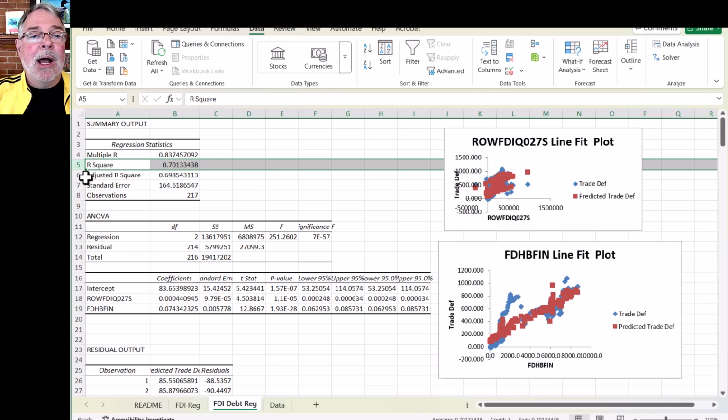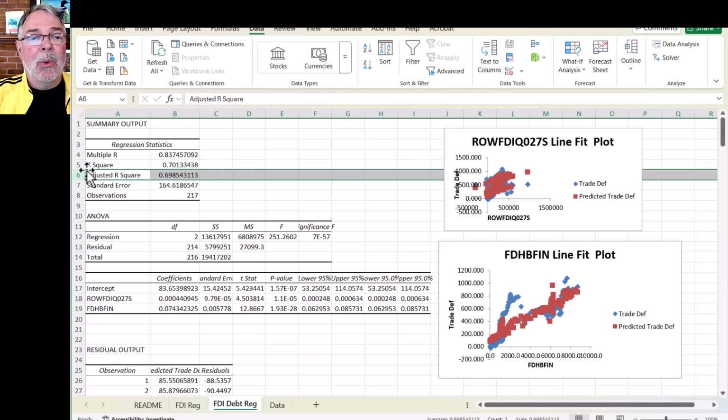Right, now I mentioned an adjusted R squared. When we add variables in, even if the variables are bad ones, adding in extra variables will get a better fit to the data, and so adjusted R squared takes into account how many variables, and it lets you compare models with different numbers of variables. So if we wanted to say, hey, how is this doing compared to our previous one, we're going to want to look at adjusted R squared.